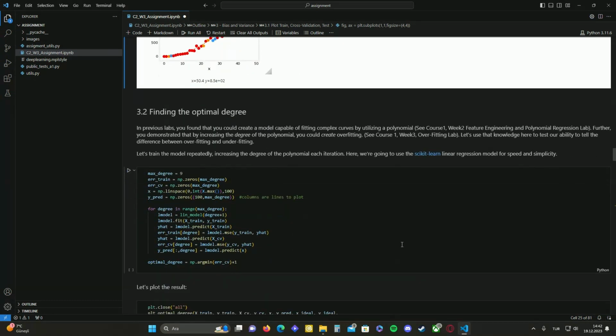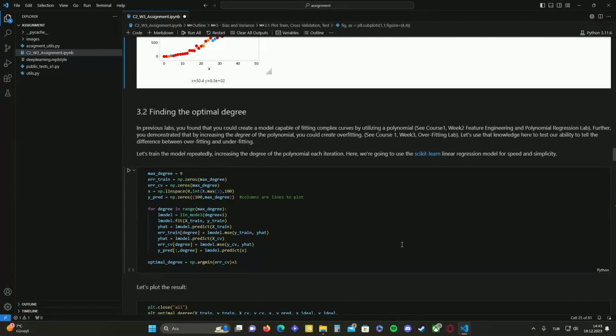Finding the optimal degree. In previous labs you found that you could create a model capable of fitting complex curves by utilizing a polynomial. Further, you demonstrated that by increasing the degree of the polynomial you could create overfitting.